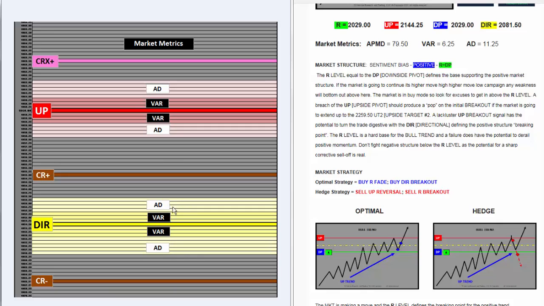And depending on the market state, you're able to accept buy signals within that variance. So we have 11.25 points from the figure. So the alert distance on the directional is going to be 2092.75. So up to 2092.75 is the alert distance to the upside above the directional this month in the S&P.